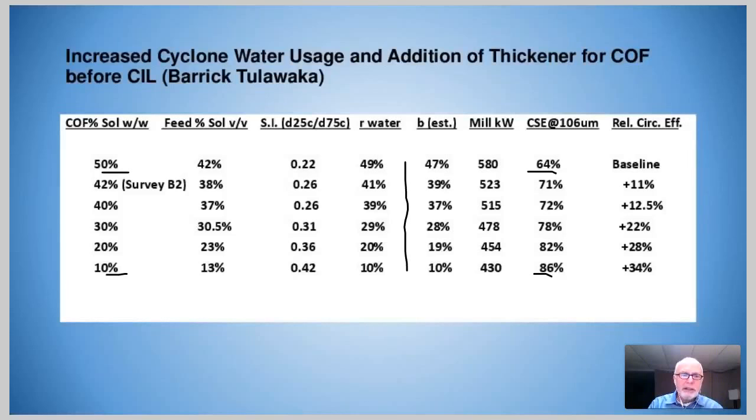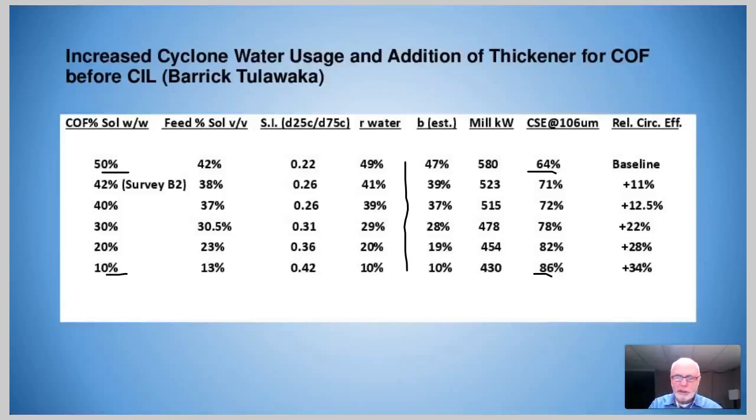Now, Barrick actually implemented this idea by moving a thickener over to where the grinding circuit was located and putting a lot more water into the cyclone feed. And they obtained a substantial increase in throughput, ground much finer, and increased their gold recovery significantly.